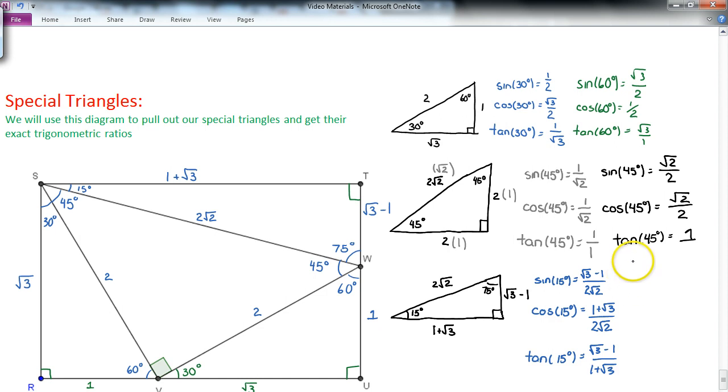And now we can do the same thing for 75 degrees. So sine of 75 degrees is equal to 1 plus root 3 over 2 root 2.